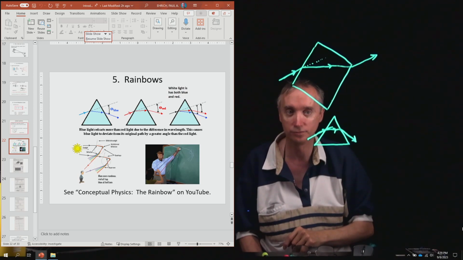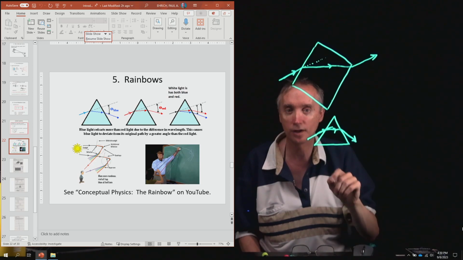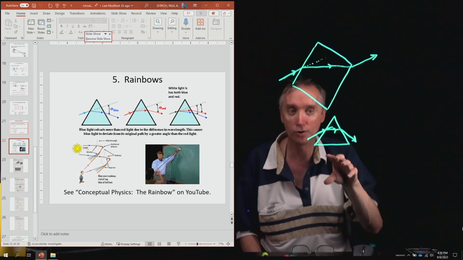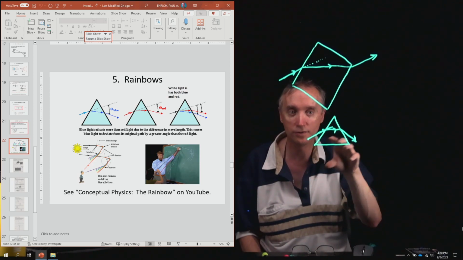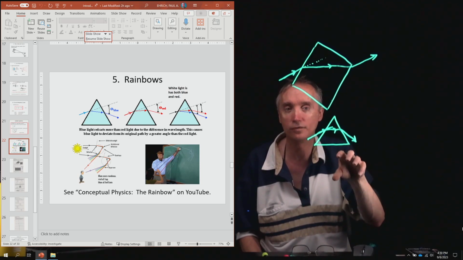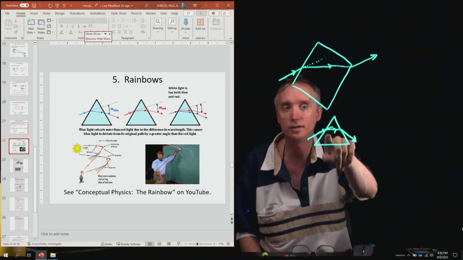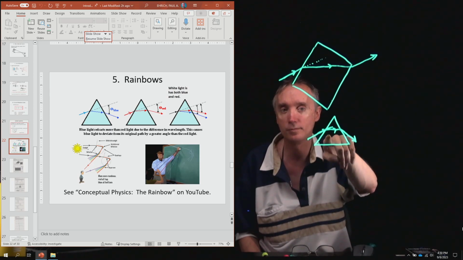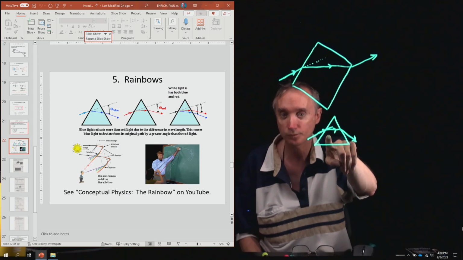That's not true. So the different colors of light, Roy G. Biv, so red, orange, yellow, green, blue, violet, each one of those different colors is going to interact with the atoms that make up this piece of glass differently.